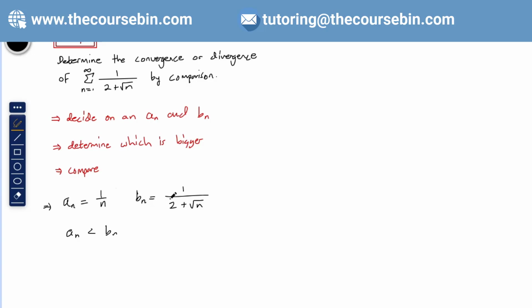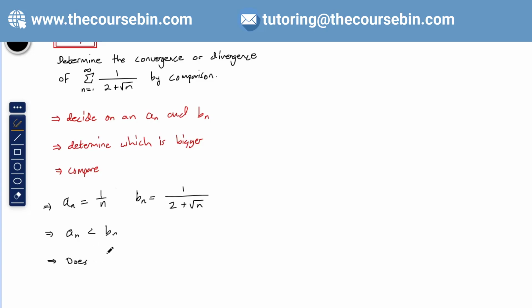Okay, so we've chosen b sub n. We know that a sub n is smaller. Now the question is, does the a sub n converge, or does it diverge? So we do this by using the test, right?